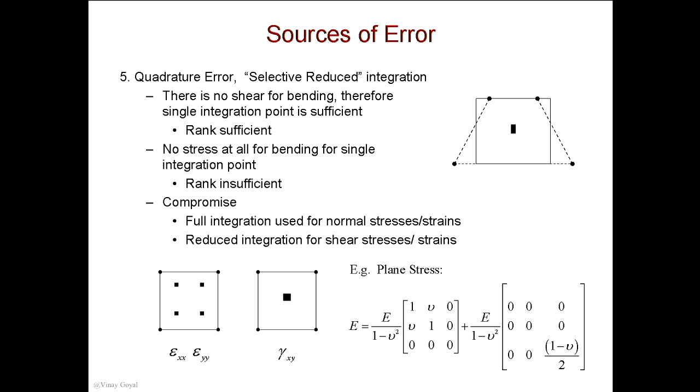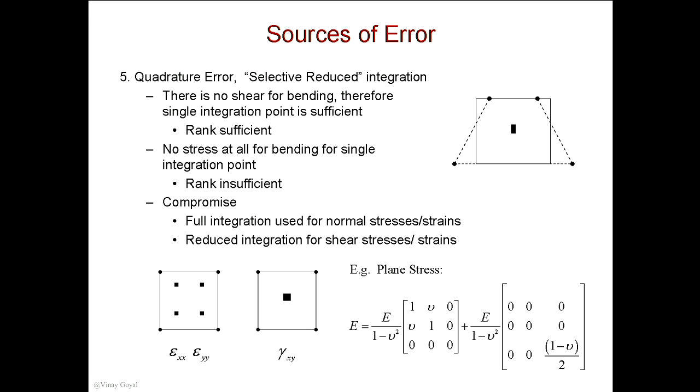I'm picking some here and here, but it's not a problem for a bending problem, say. And then for bending, though, you do have a problem. We call this rank insufficient. So here, what you could do is do full integration for these strains, and then do reduced integration for the shear strain.